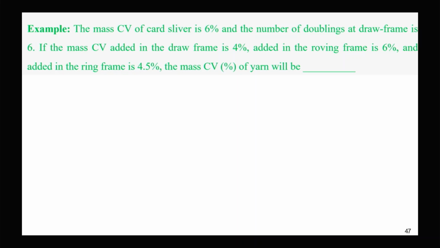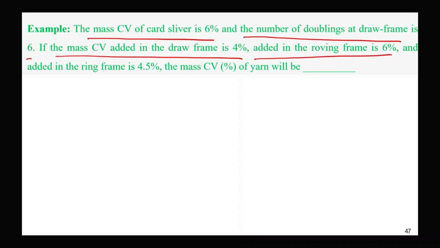The next numerical is: the mass CV of card sliver is 6%. Number of doublings at the draw frame is 6. The mass CV added is 4% in the draw frame, 6% in roving, and 4.5% in the ring frame. Find the mass CV of yarn.